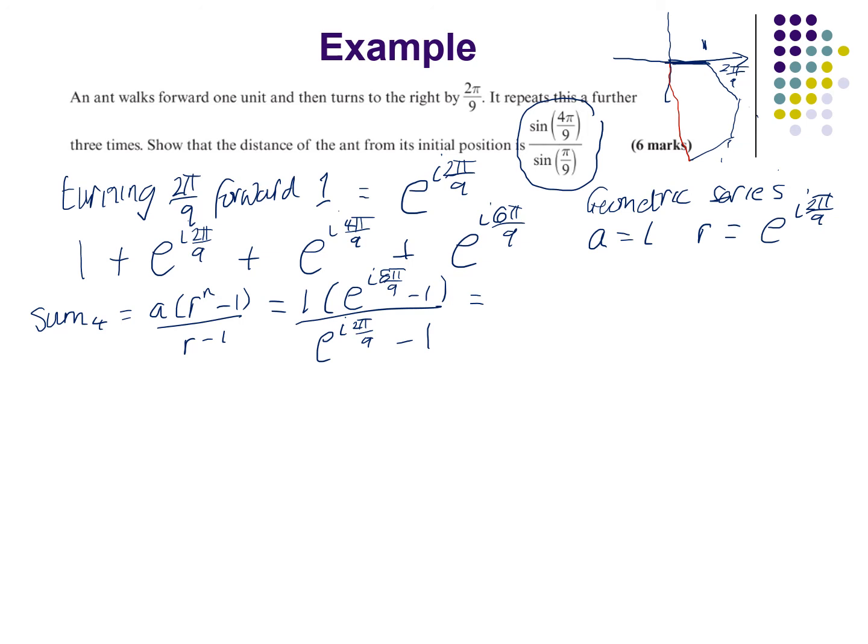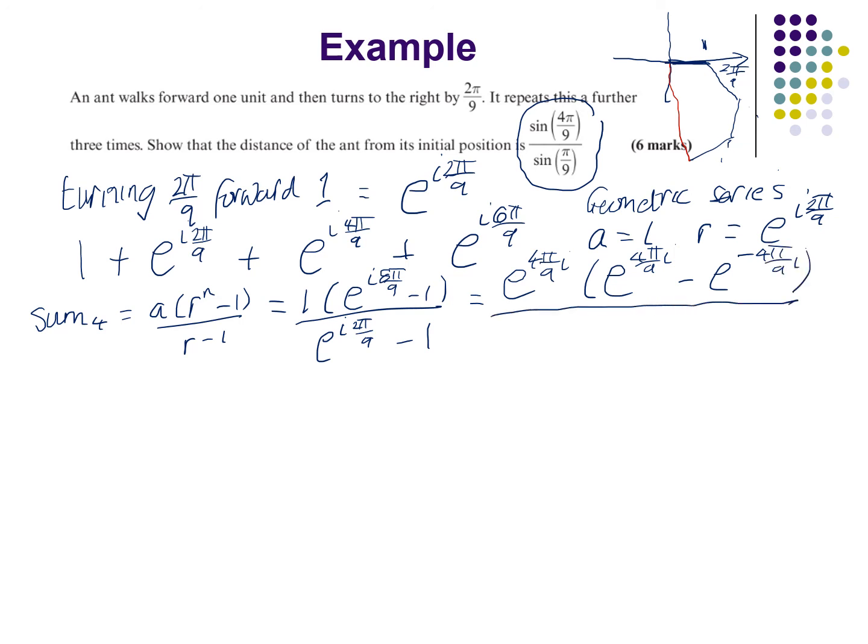And again, do you remember questions we were doing before where I was looking at the numerator, which has got sine 4π by 9, so I need e to the i 4π by 9 to be able to do that. So do you remember what we did? We took out a factor. If I take out the e to the 4π by 9 i, what I get in my bracket is e to the 4π by 9 i here and e to the minus 4π by 9 i here, okay?